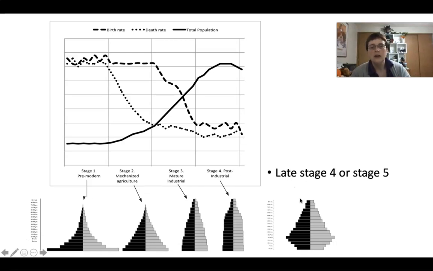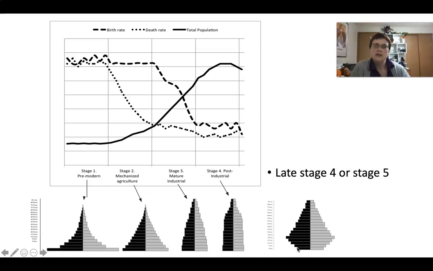And so the pyramids that I had you look at, pretty much everybody identified their pyramids right on. Those pyramid shapes tell you which section of this is going on because the shapes will let you know, like here in late stage 4 or stage 5, depending on whose book you're looking at.